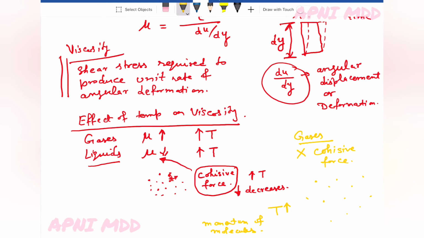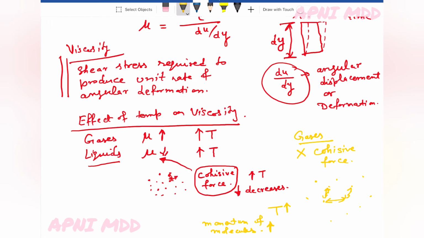Due to this increase in momentum, the molecules move faster, their velocity goes on increasing, and they strike each other at a faster rate.